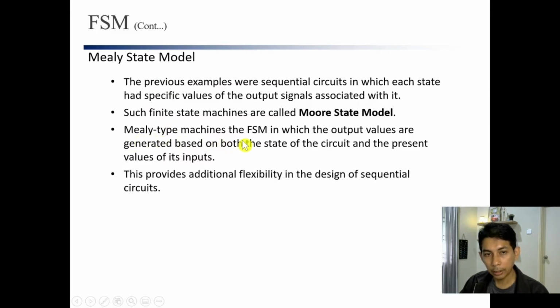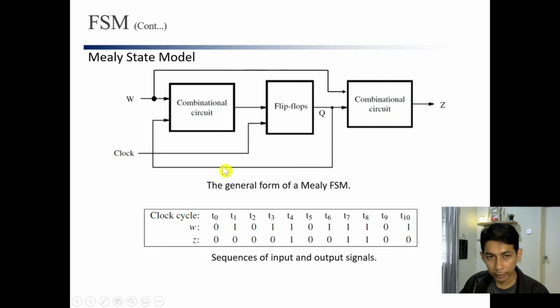In the Mealy type machine, the FSM output values are generated based on both the state of the circuit and the present value of its input. In other words, if you look at the general structure of the Mealy state machine, you can see that Z, the output of the finite state machine, depends not only on the present state value but also on the input.